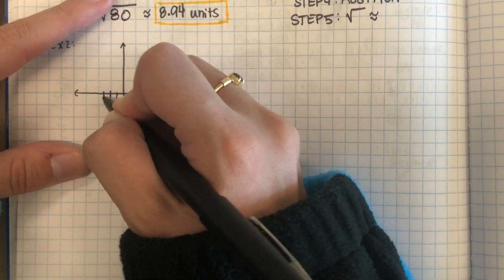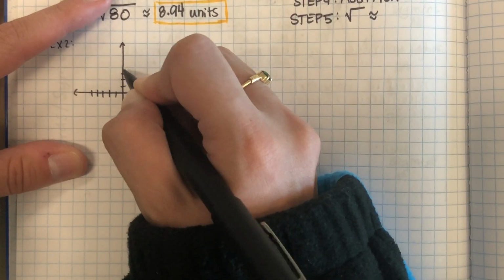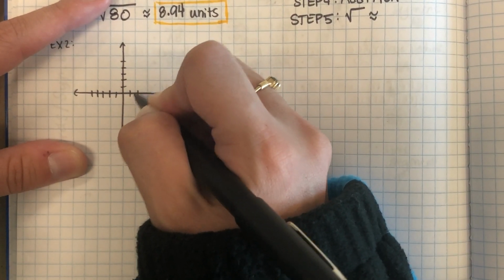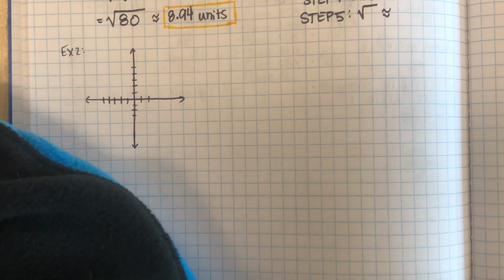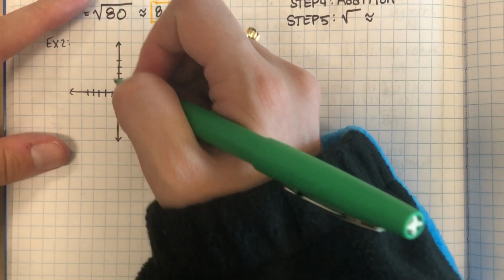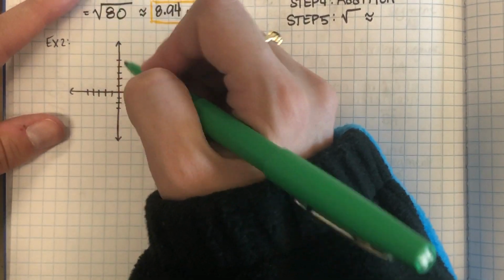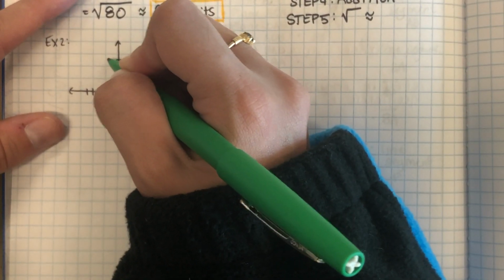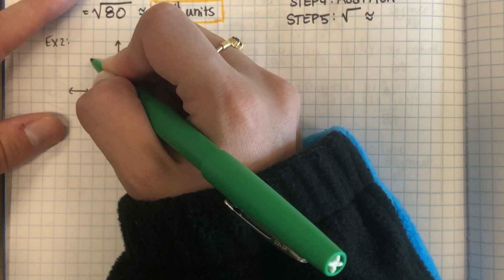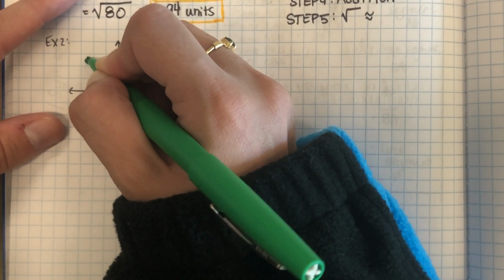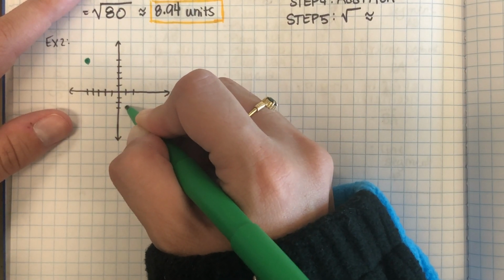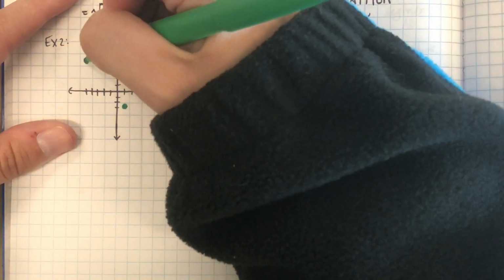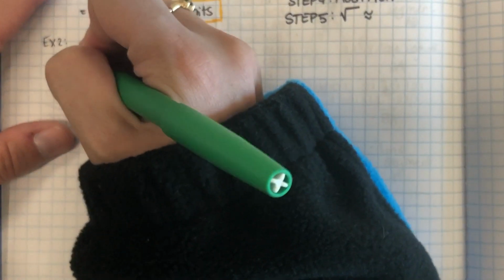So if I mark out my little marks, and I draw my line on here, let's say if I had a point up here, and then I had a point down here. And I'm labeling my points as A and B.